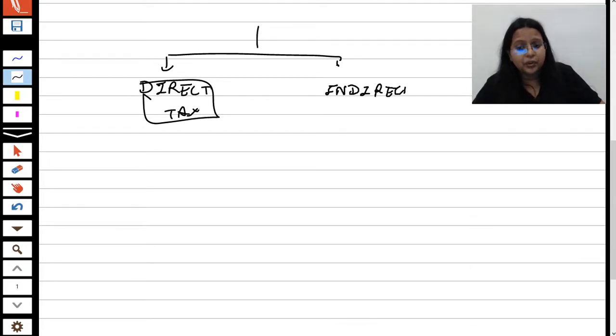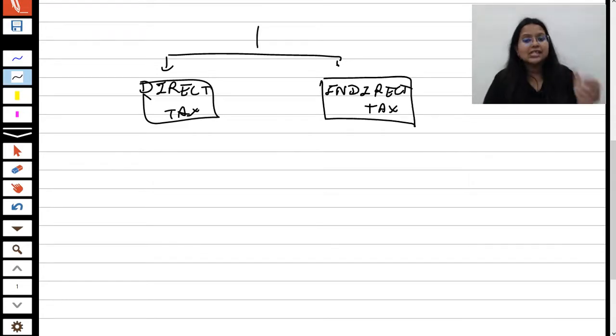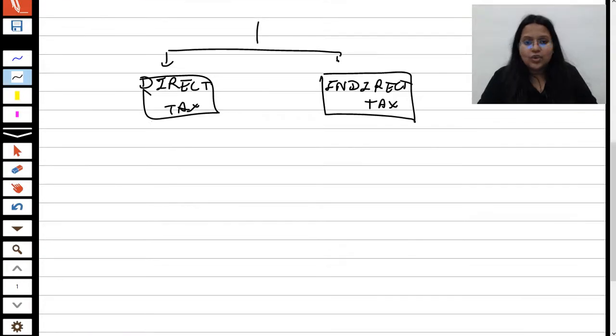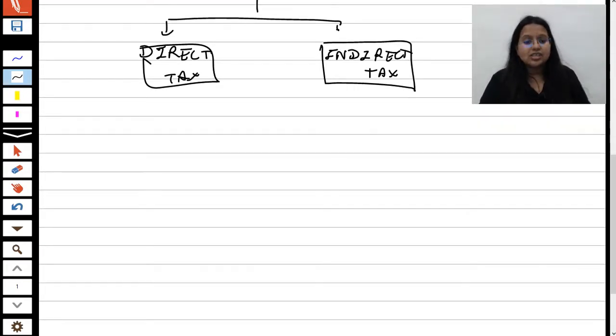Now, as I already told you, in indirect tax we are going to cover two portions, first GST and second Customs. Now the next question that they might ask in the examination is, what is the basic difference between direct tax and indirect tax? So students, for explaining the difference between direct tax and indirect tax, I am taking the help of an example. Suppose there is a person, Mr. Chintamani.